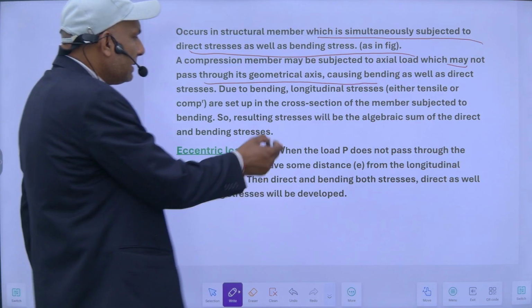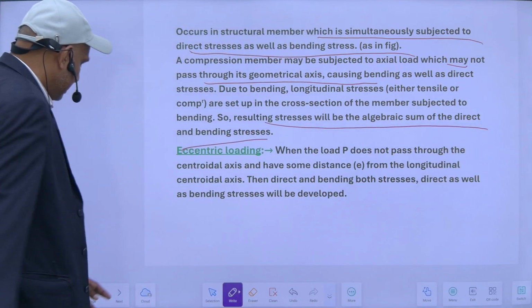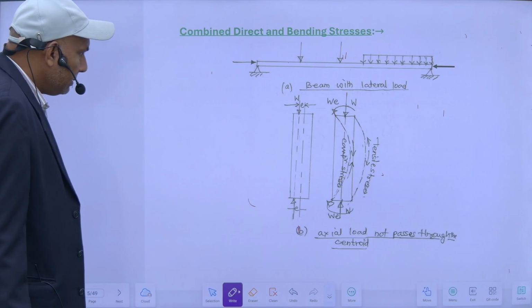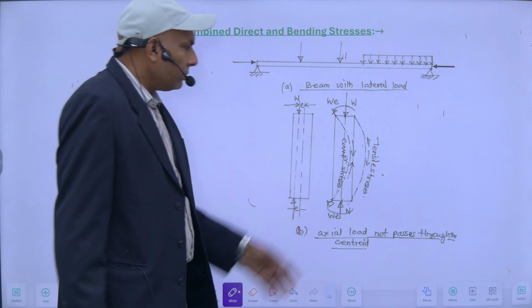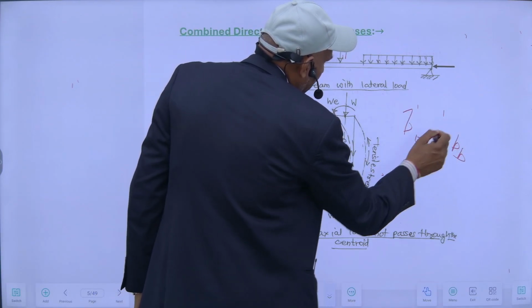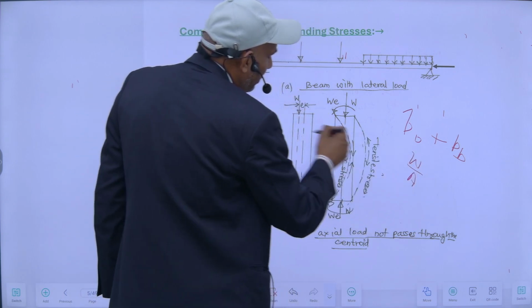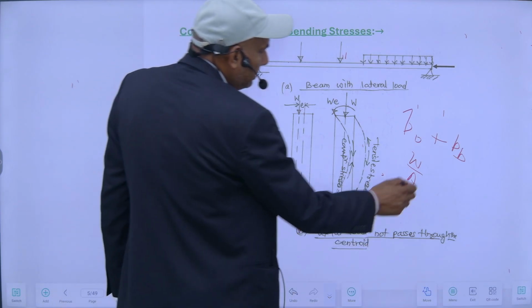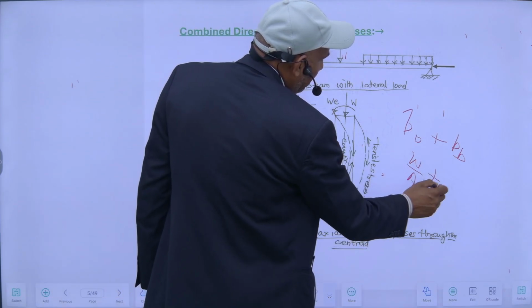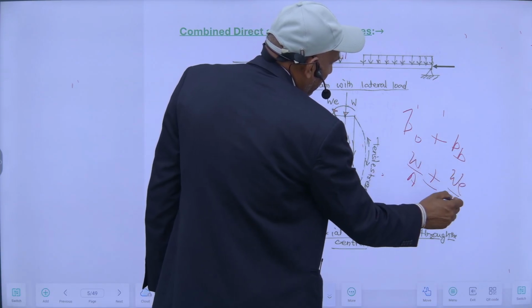So the resulting stresses will be the algebraic sum of the direct and bending stresses. This stress will be because of the effect of this direct stress plus bending stresses, as I explained here. Direct stress will be W upon area, throughout compressive, plus or minus bending stresses, that will be this moment upon section modulus.